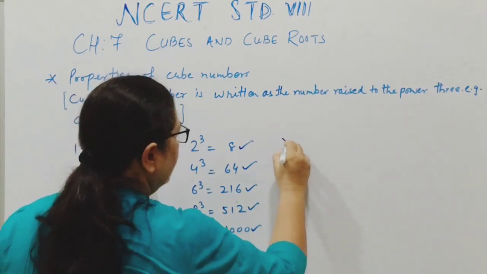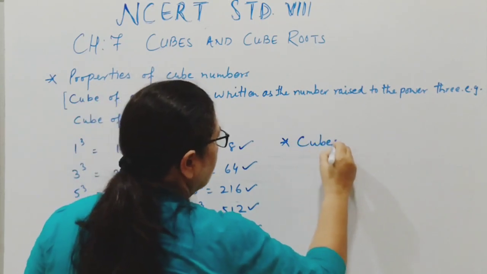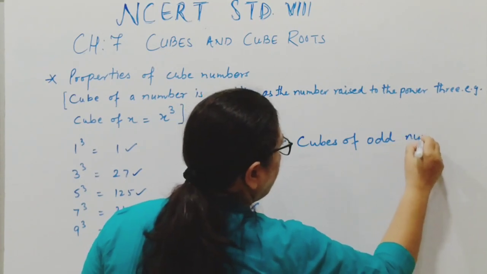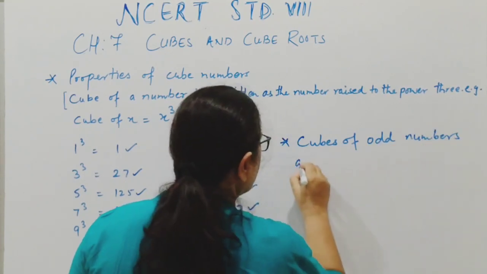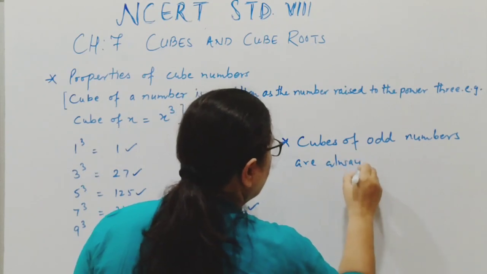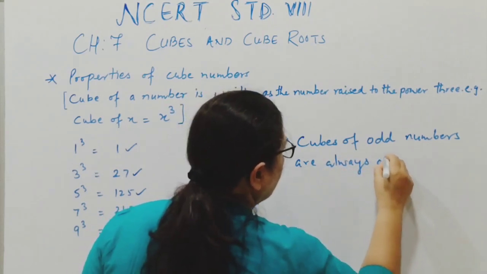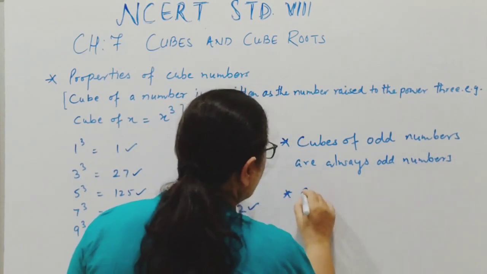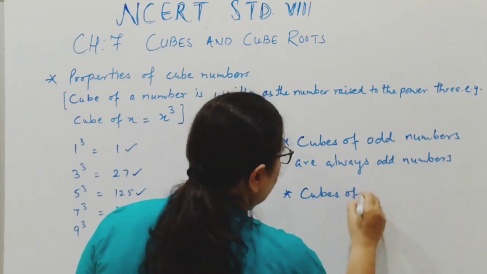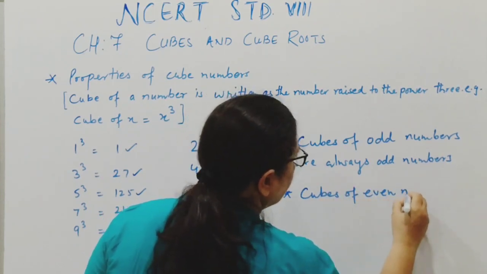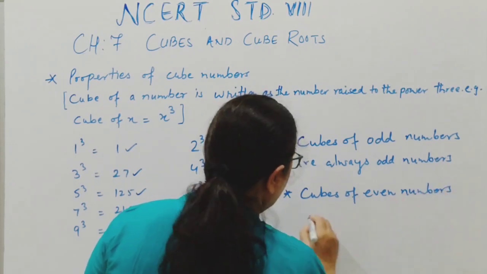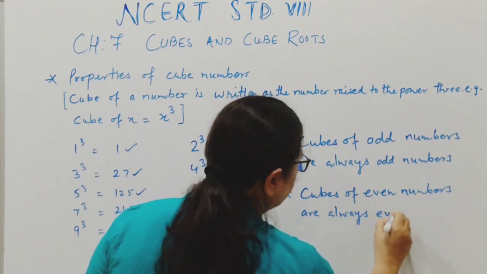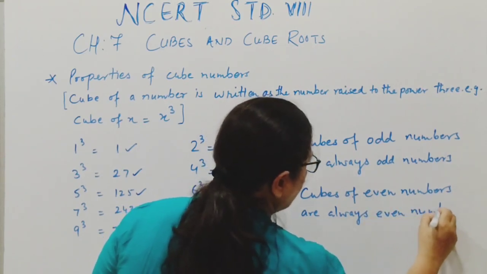Therefore the first property is: cubes of odd numbers are always odd numbers and cubes of even numbers are always even.